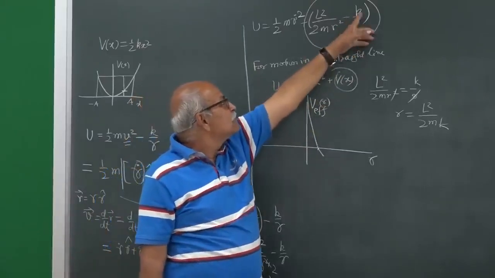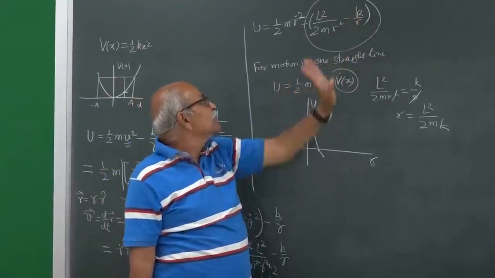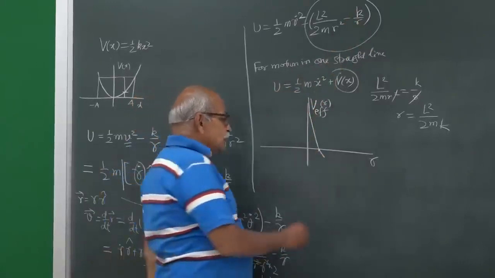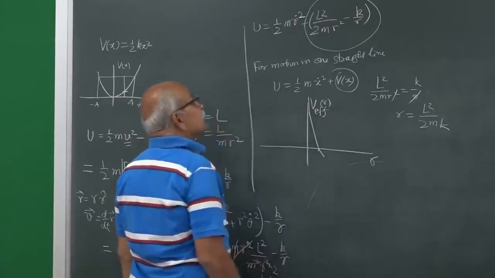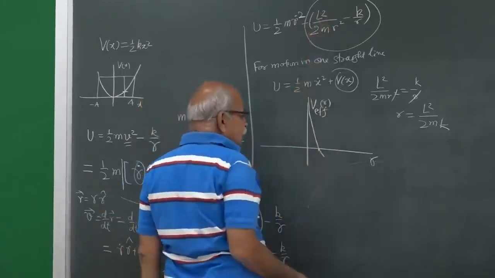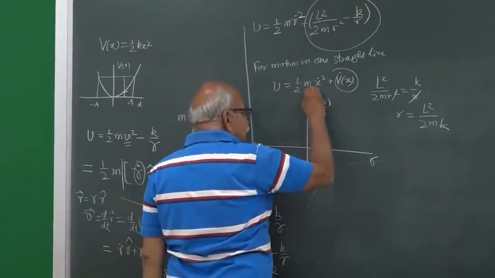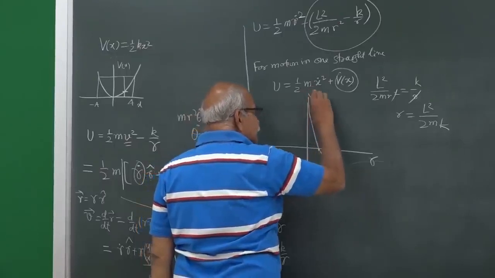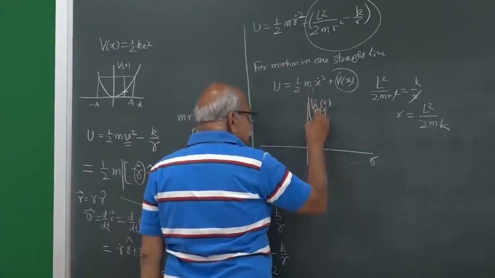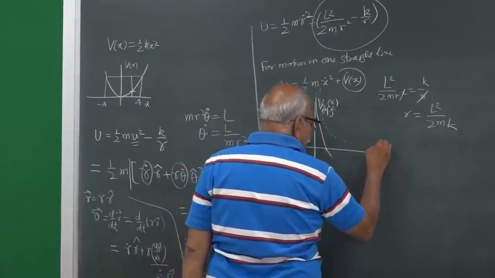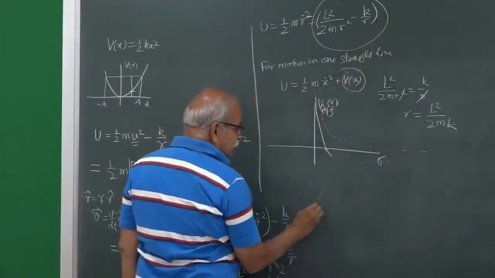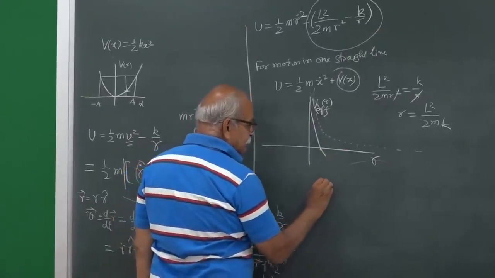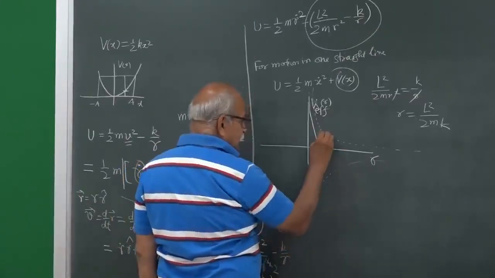If you see, minus k by r is something like this, and it will dominate over L square by 2 m r square. If I plot, it will be of this type, going to 0. Ultimately, both of the terms are going to 0. Minus k by r will be of this type. Here they are equal.